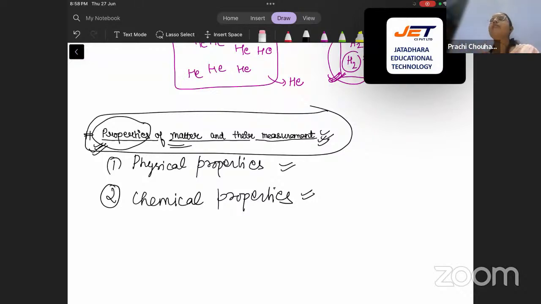And then finally, we will learn about other topics, which include the mole concept, stoichiometry, limiting reagents, and how we specify concentrations, right? These will be the new topics for you, which we will be learning in the coming sessions.